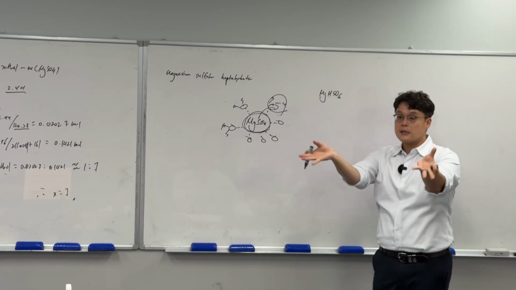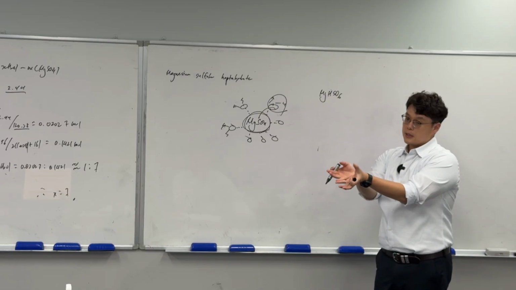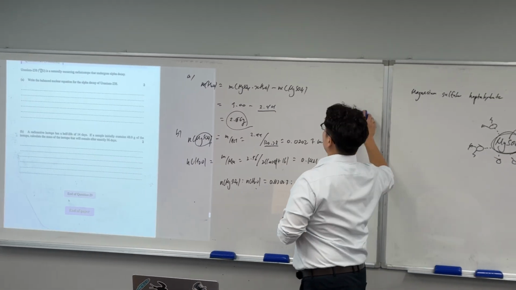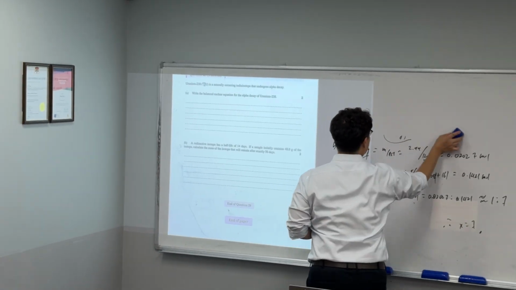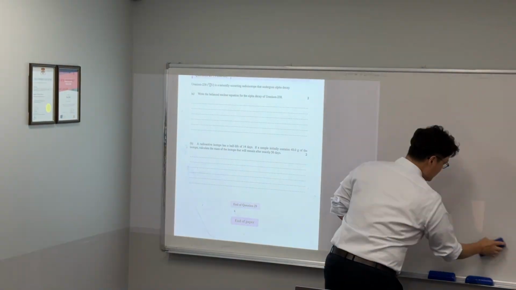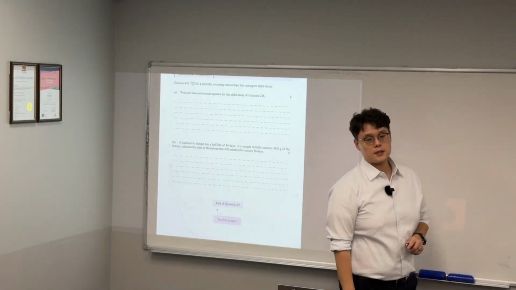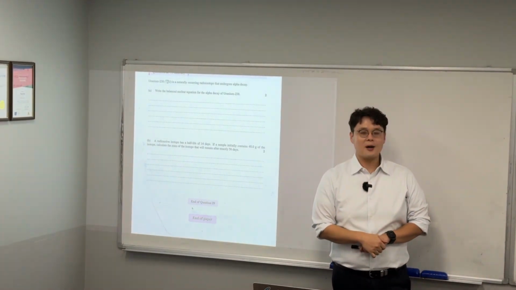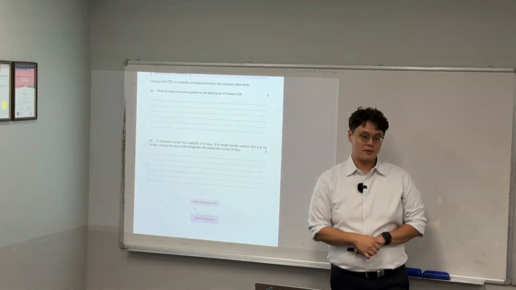The water just surrounds them. It's an intermolecular force, but it comes in a package that looks like one molecule. This is called a complex ion, by the way. As you can see, it's kind of complex in form.